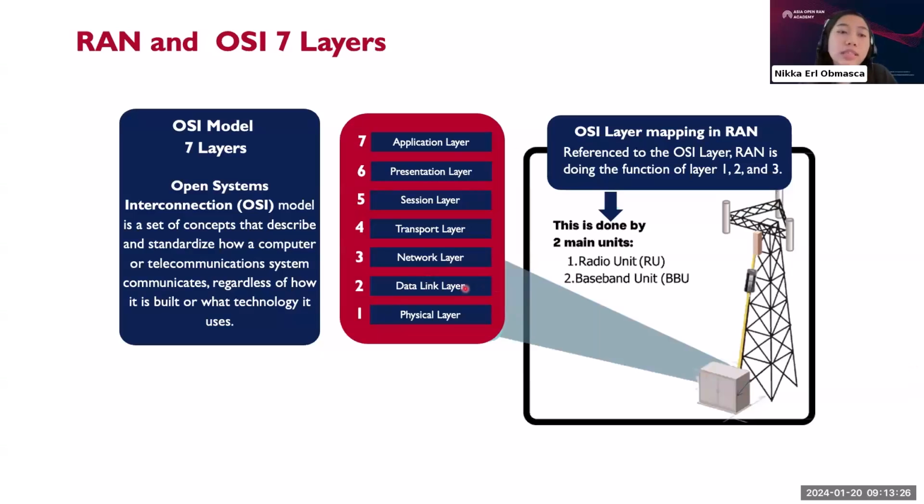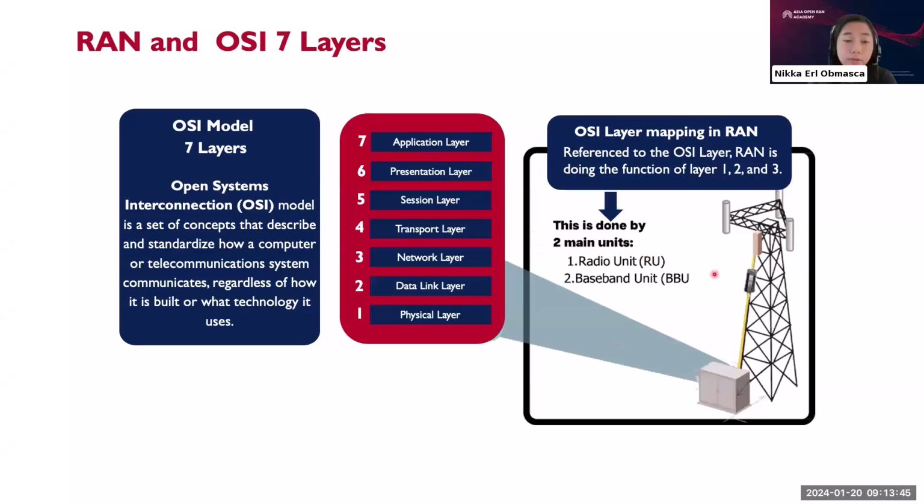The first three layers, physical, data link and network layer, are mainly done by the two units in the RAN system, which are the BBU and the RRU. But before we move on to those three, let me give you an overview of these 7 layers.